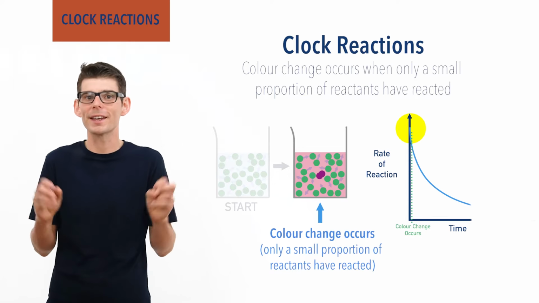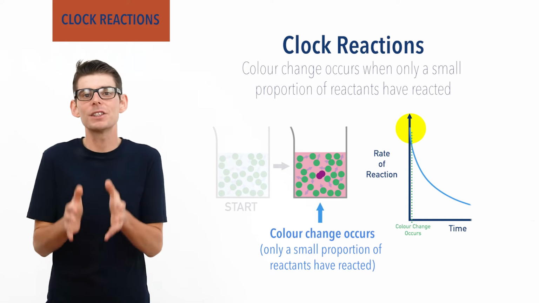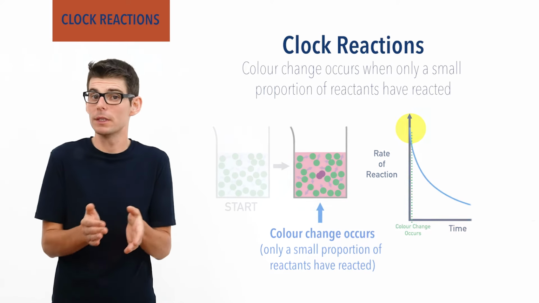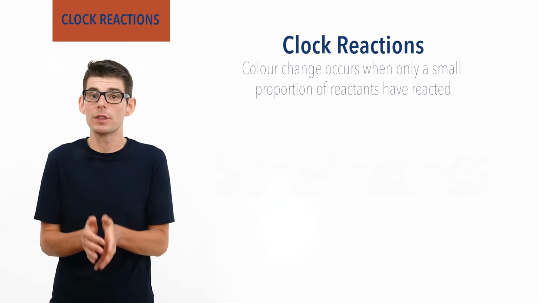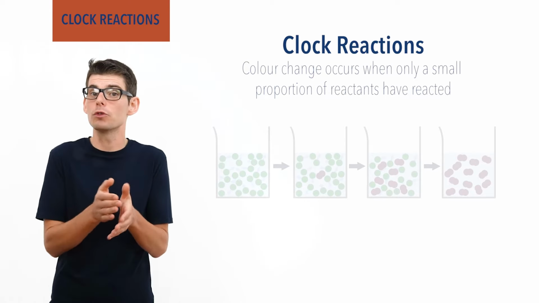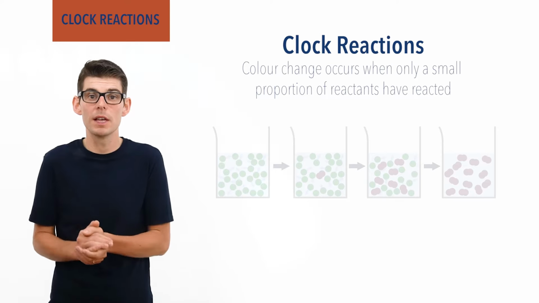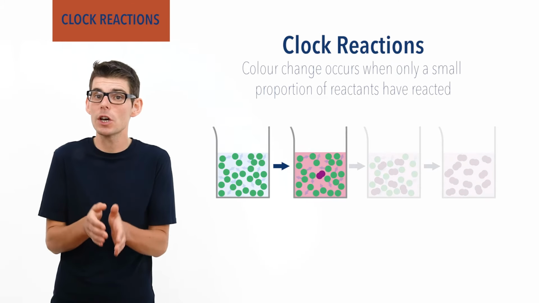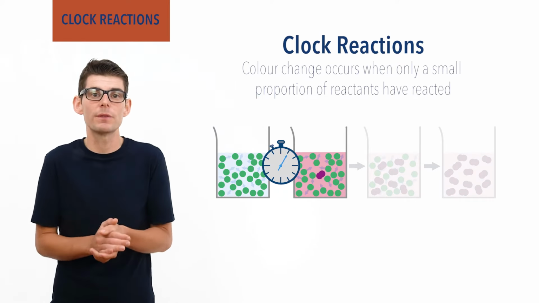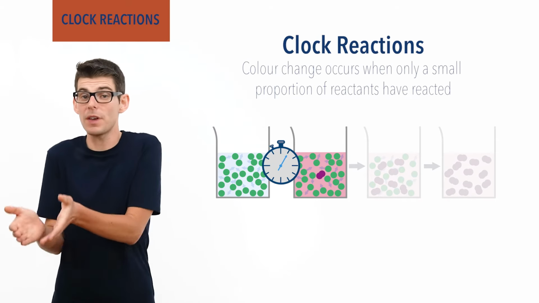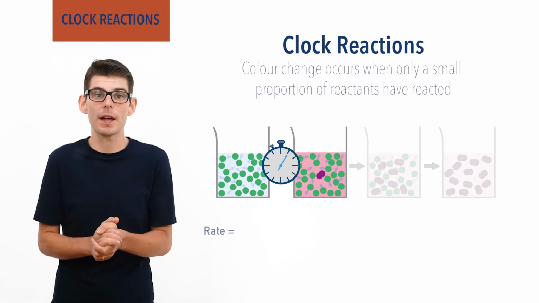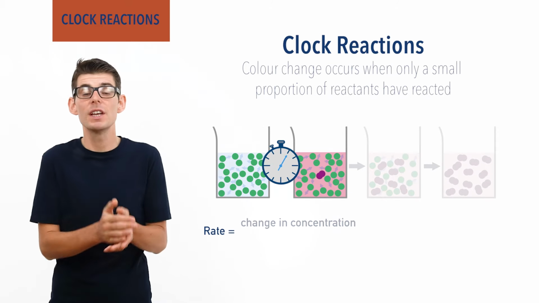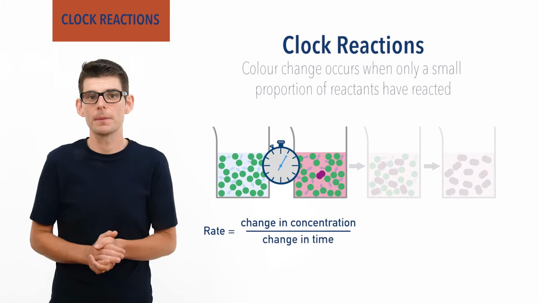This is the trick to a clock reaction, and depending on the type of reaction being studied, a second reaction is usually used to help control when the colour change occurs, enabling us to easily time how long it takes to form a specific amount of product. And from this, we can calculate the rate of the reaction: change in concentration divided by change in time.